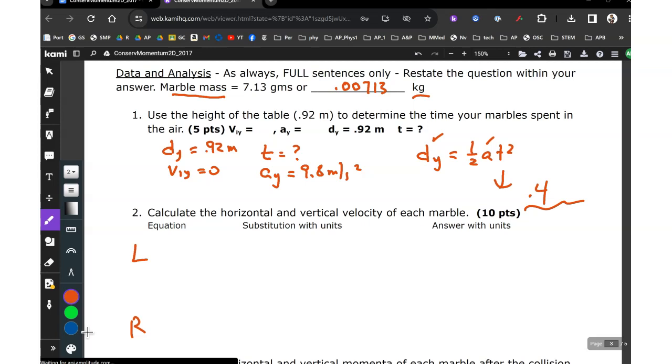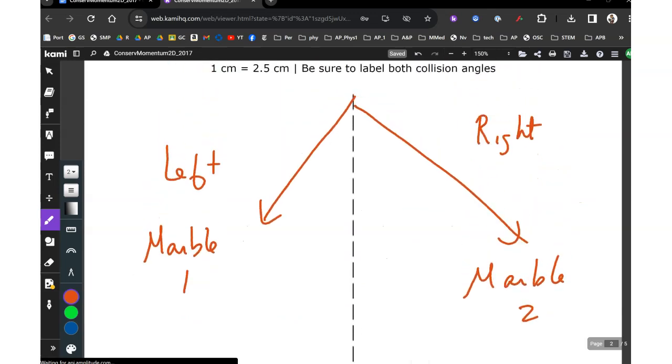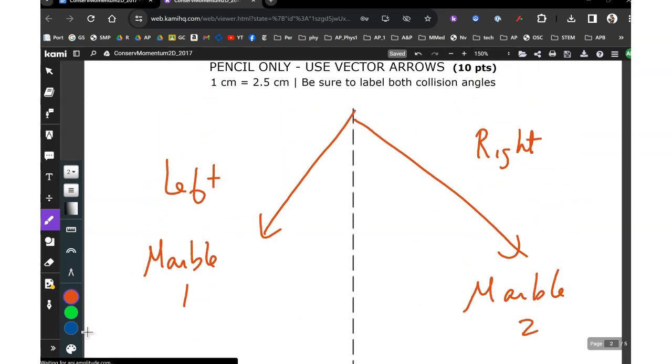So how do you find the horizontal and vertical velocity? Well, the Vx for the left marble equals dx divided by t, and the Vy would be dy divided by t. So you go over here, and you've got a left marble and a right marble. Make up a number.